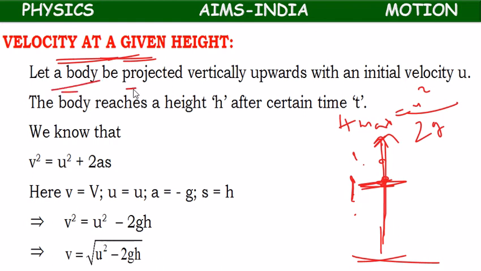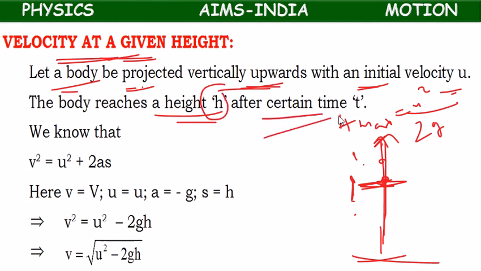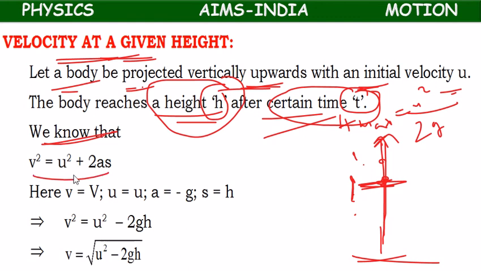Okay, let a body be projected vertically upwards with an initial velocity u. The body reaches some height h after a certain time t. We know one formula, v square minus u square equals 2as.